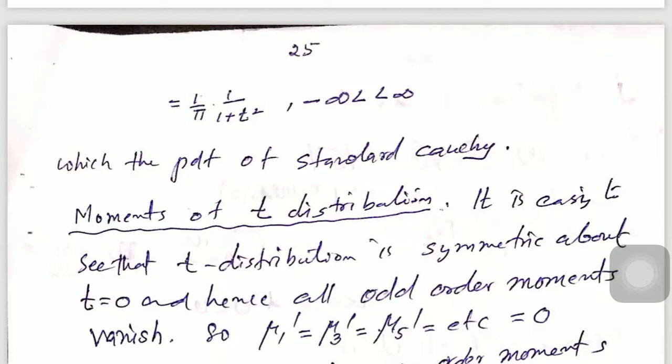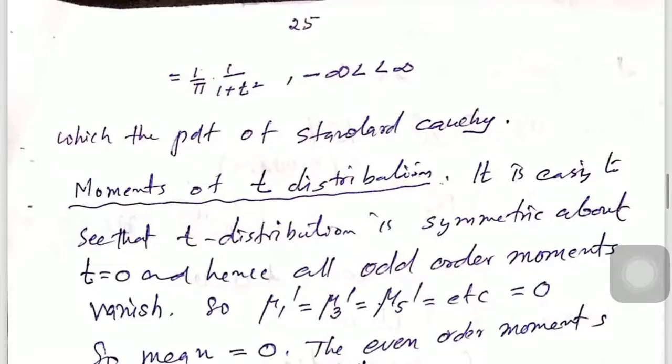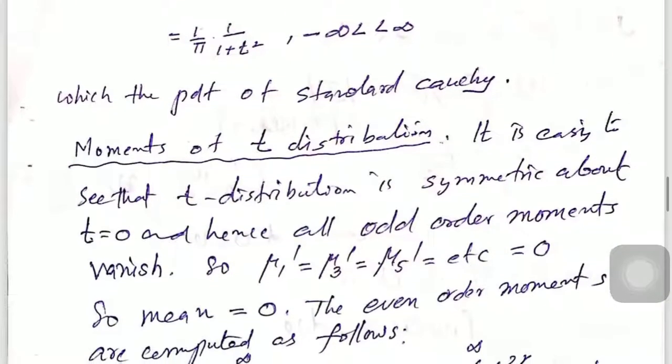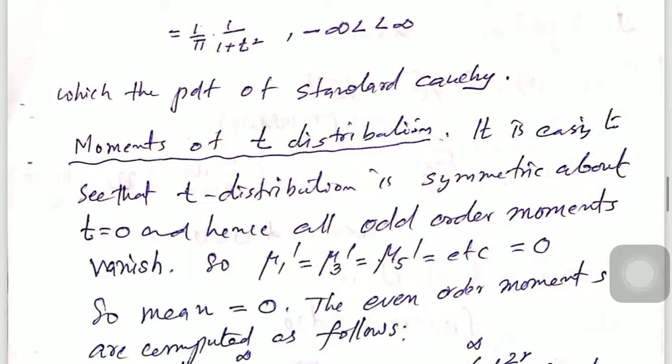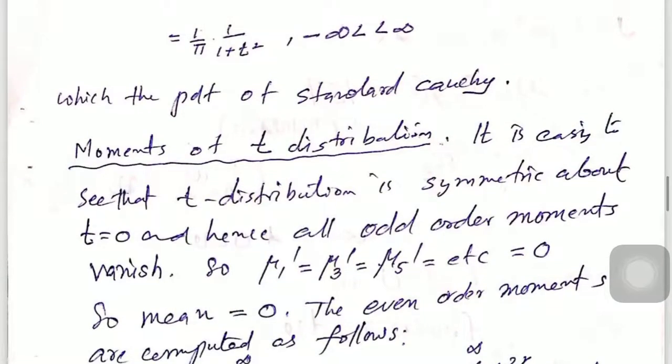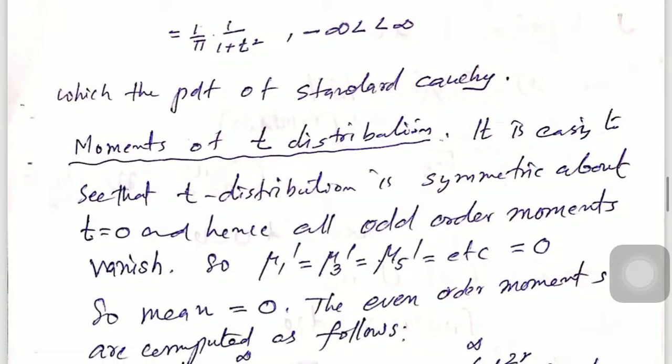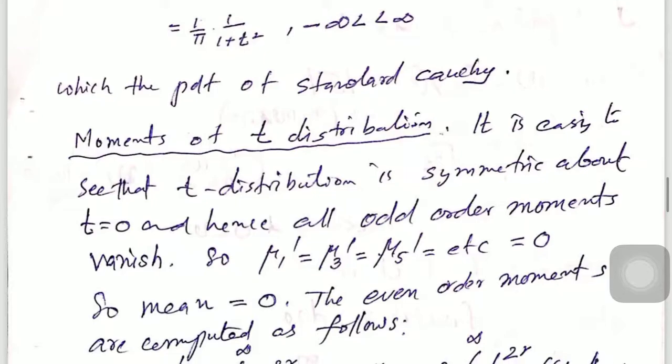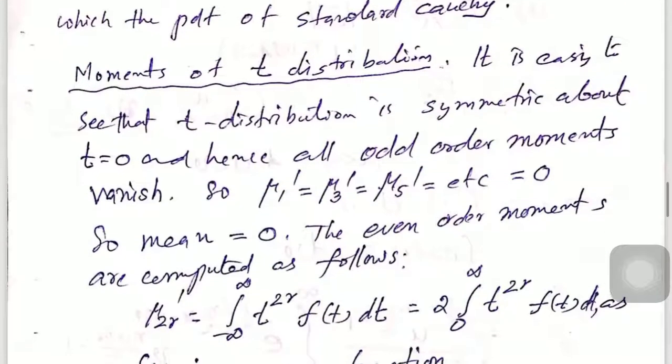Now you can see how the moments of t distribution are determined. As I have already told you, t distribution is a symmetrical distribution about 0. So the odd order moments will be vanishing, as in the case of normal distribution, because of this symmetry about 0. And therefore mean is equal to 0.